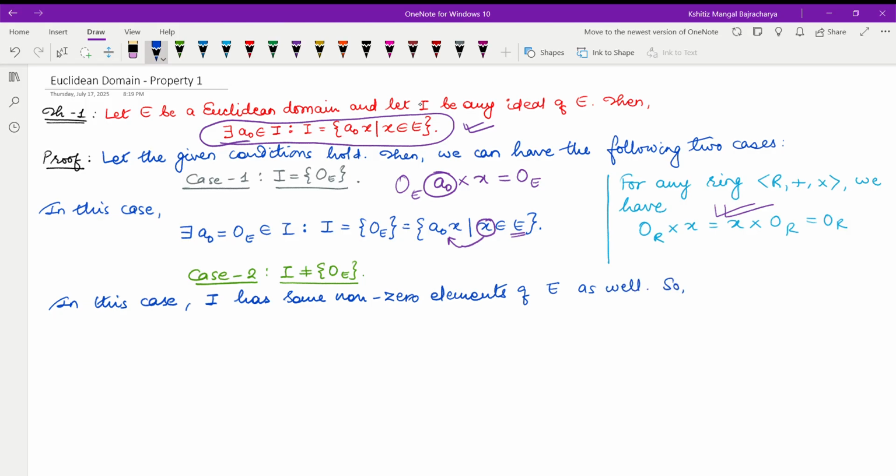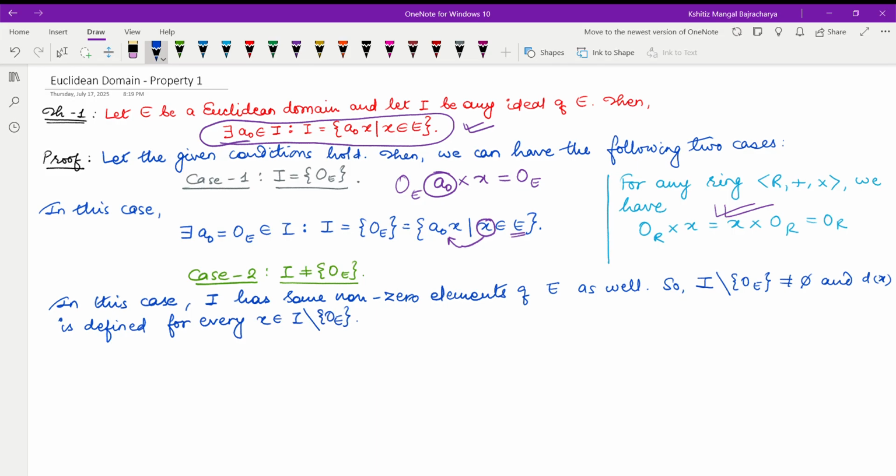So I minus the zero element is a non-empty set, and d(x), the d-value of x, is defined for every x belonging to I minus the zero element.